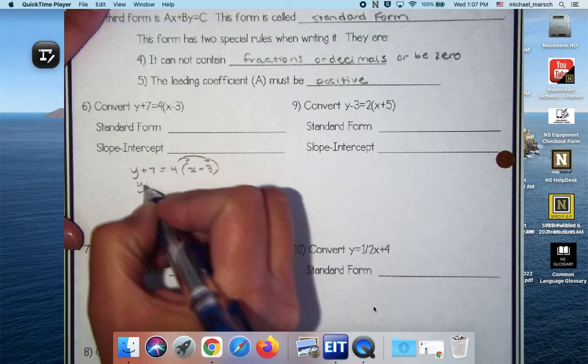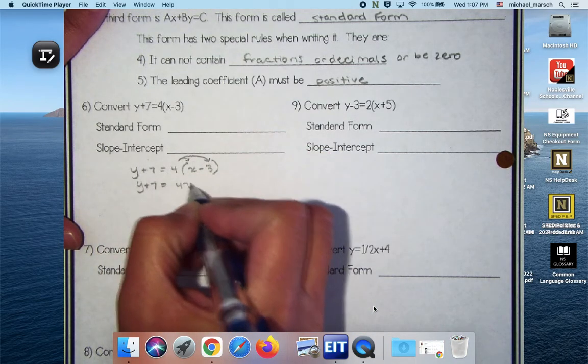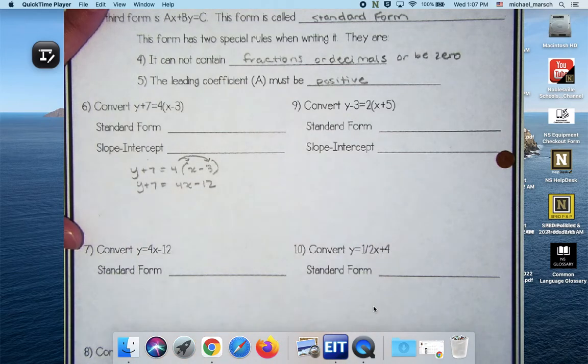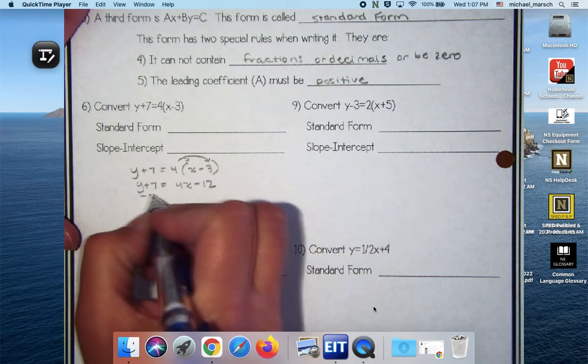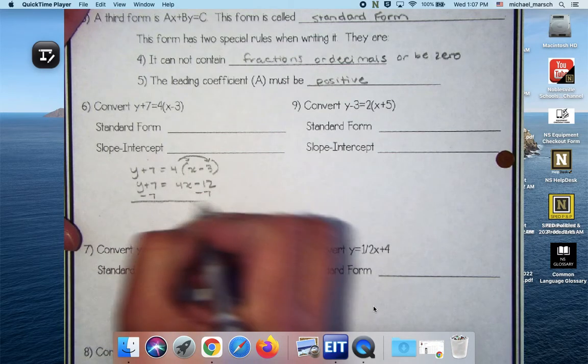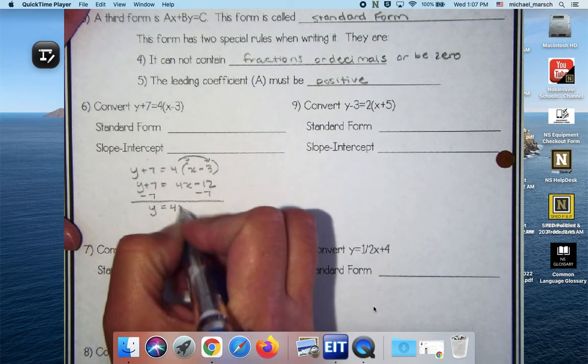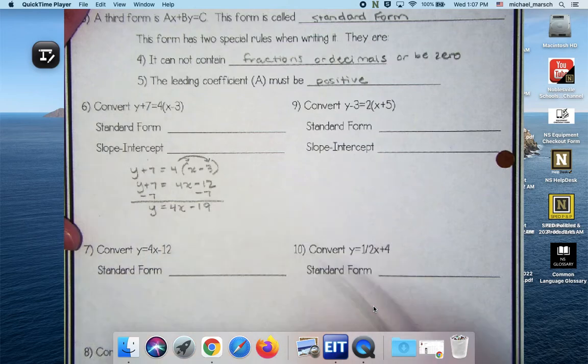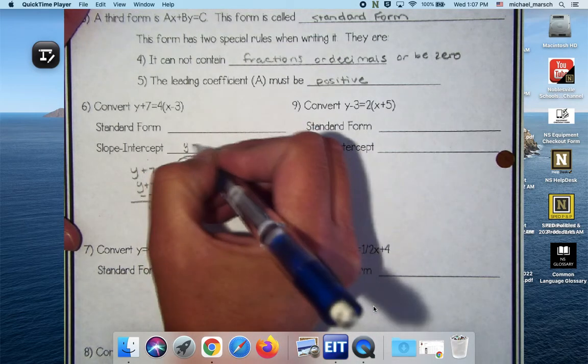So I'm going to have y plus 7 equals 4x minus 12. And then I only have one other thing to do. Subtract 7. So I have y equals 4x minus 19. So there's my slope intercept form.